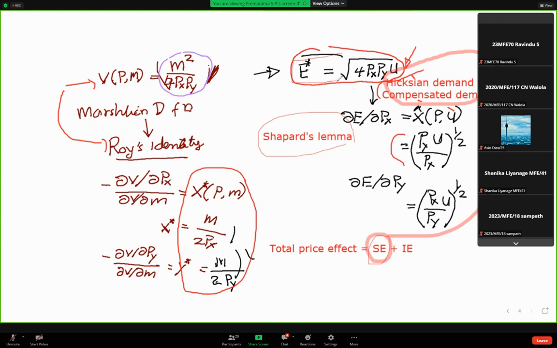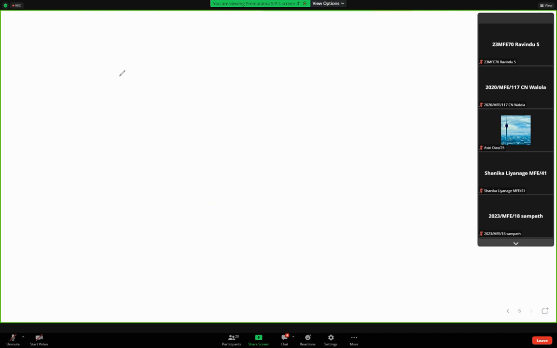Directly we can get it also. For that, what we have to do is the exercise of expenditure minimization. The objective is the cost minimization or expenditure minimization.